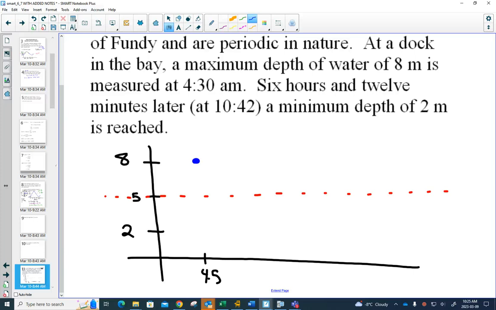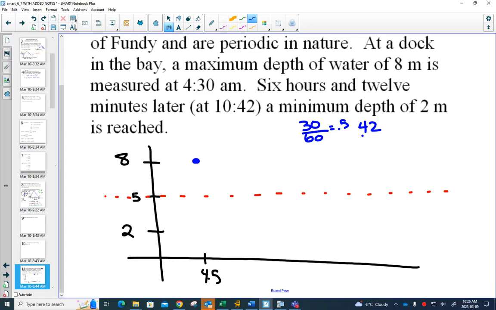And at 10:42, what decimal would I write for 42? How would you figure that out? Well, for 30, we figured out that it was a half. Does it make sense that we figured out 30 was a half because 30 out of 60 minutes is 0.5?